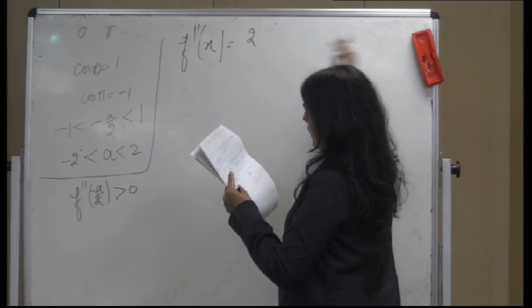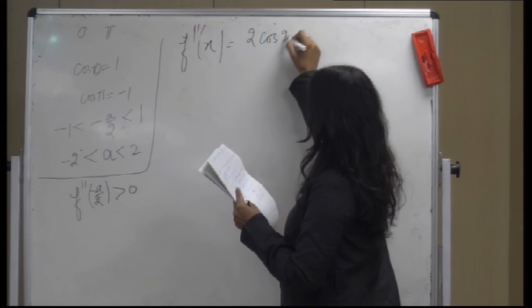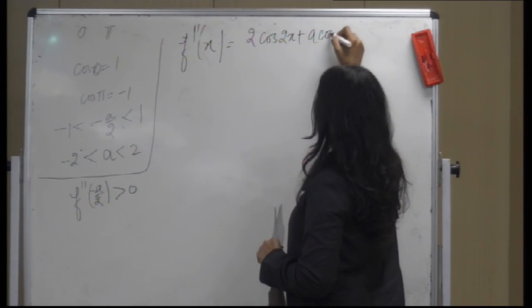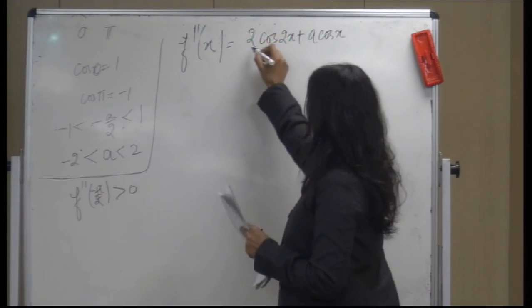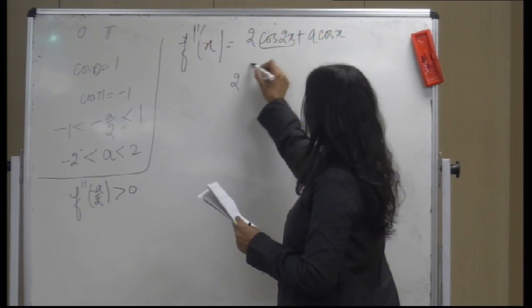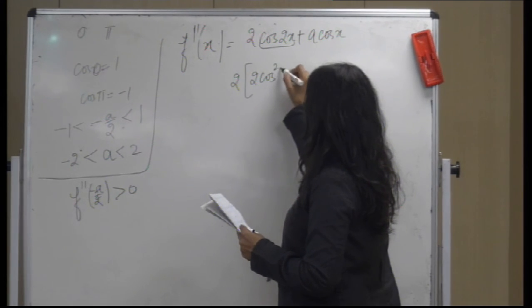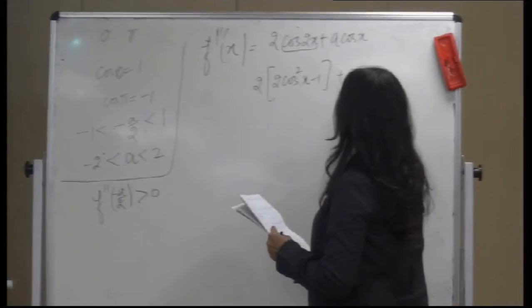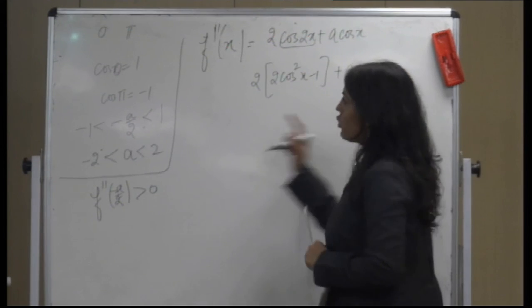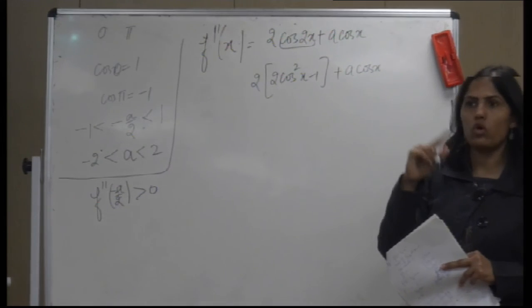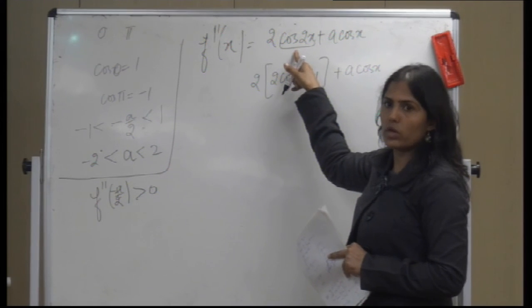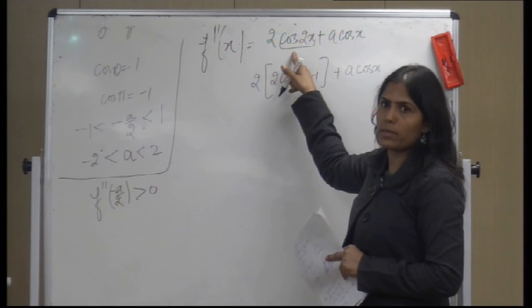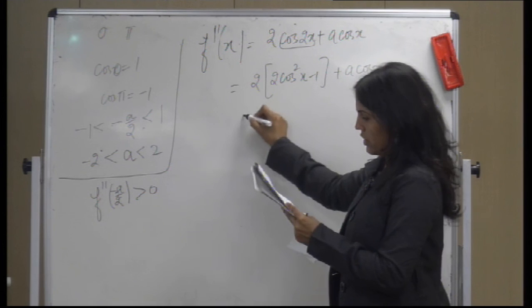So f double dash x I am getting as 2 cos 2x plus a cos x. Then the cos 2x formula is 2 cos square x minus 1. Why am I doing it? Because I know cos x is minus a by 2, so I can use it.